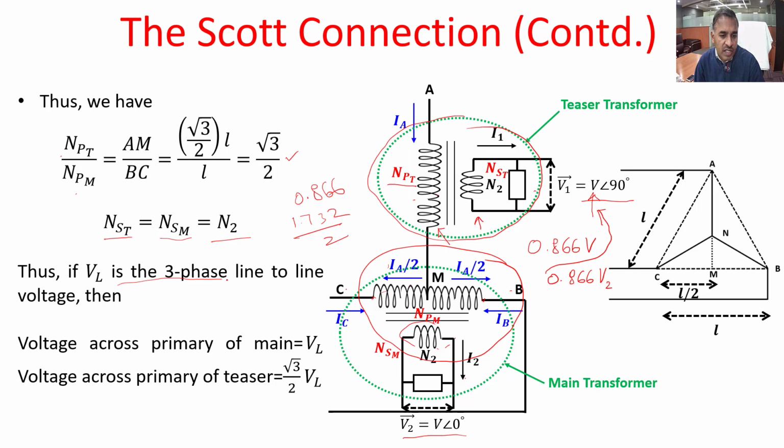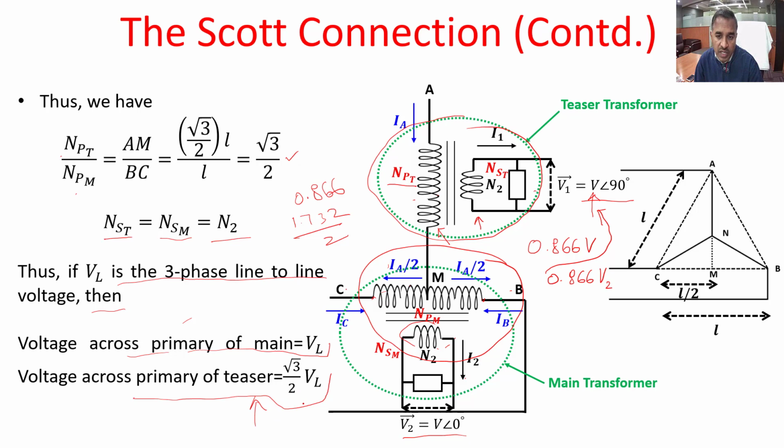Thus, if VL is the three-phase line-to-line voltage, then the voltage across the primary of the main is VL, but the voltage across the primary of the teaser is only root 3 by 2 VL. Remember, this will not change with the number of turns of the primary.